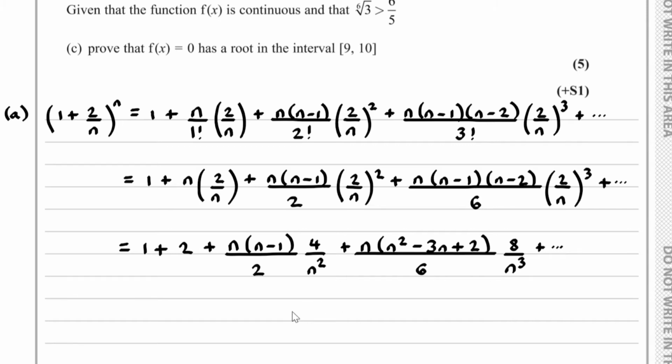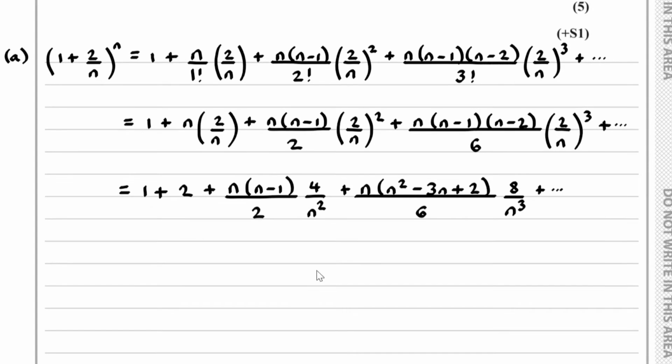So, if we attempt to simplify this even further, well, what we have here is 1 plus 2, which is 3, and then I'm adding on, well, here I've got n divided by n squared.